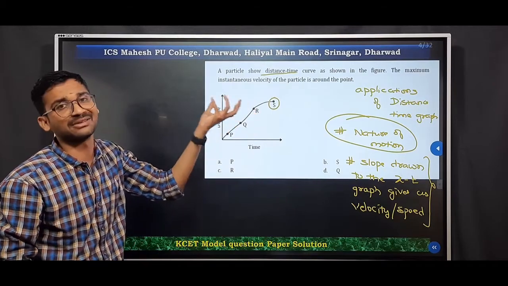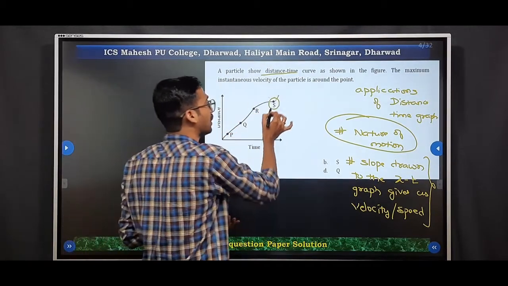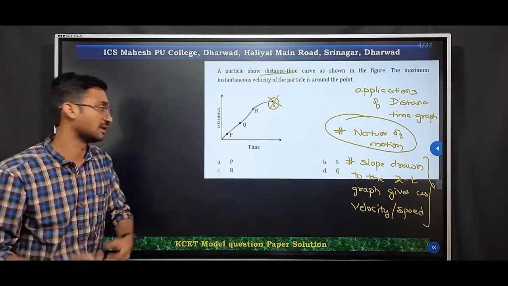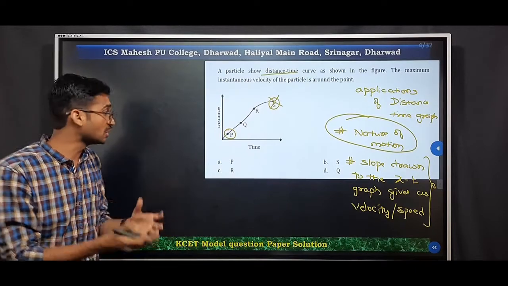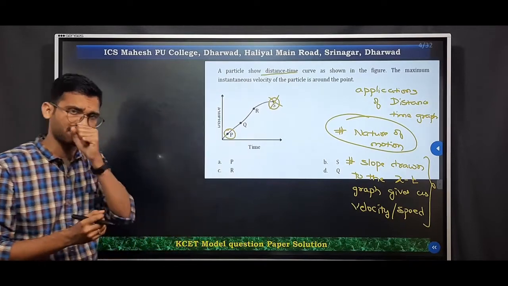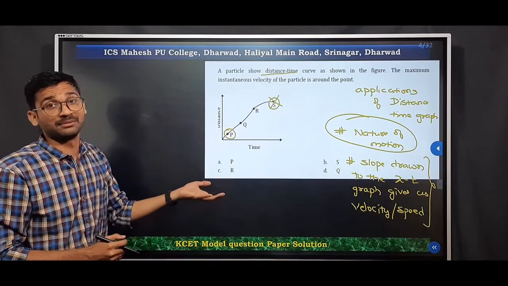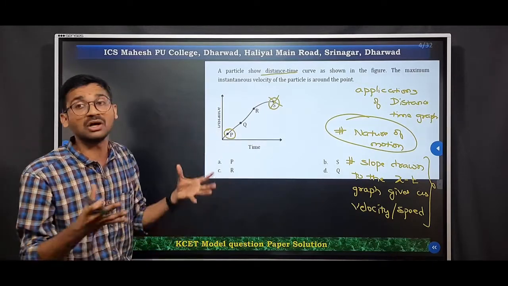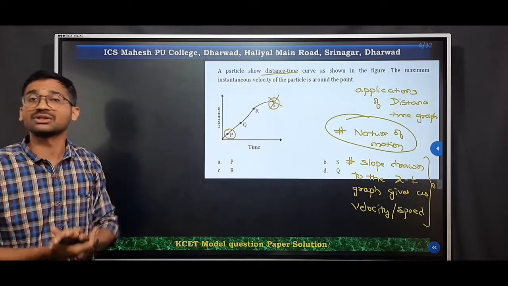Therefore, there is no chance of having velocity of greater magnitude, so this is not the point for maximum velocity. If I go for point T, here also we do not have that much slope. As a result, point T is also not the answer for the given question.